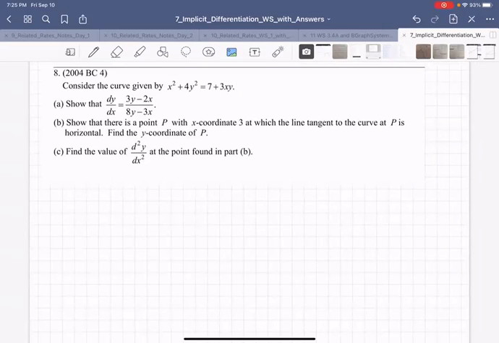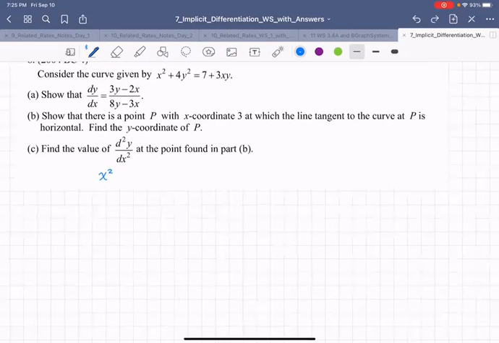Olivia, let's do this. Okay. Let's do the implicit method, go ahead. Okay, so it's 2x plus 8y times dy over dx equals 3y plus 3x times dy over dx.